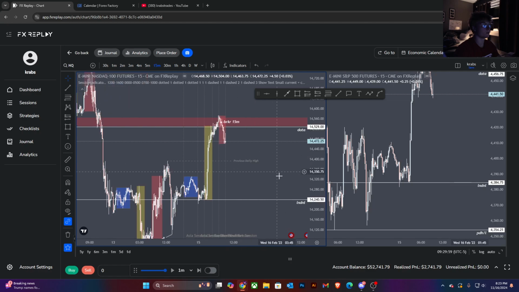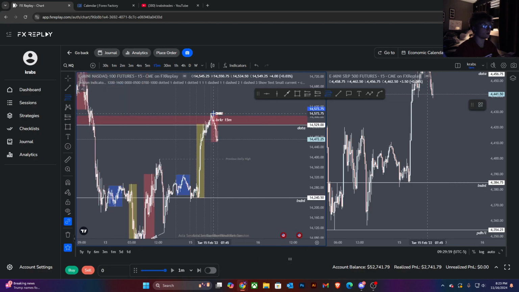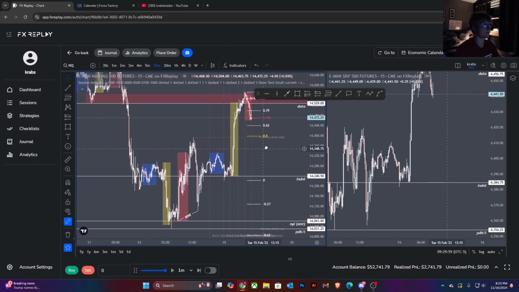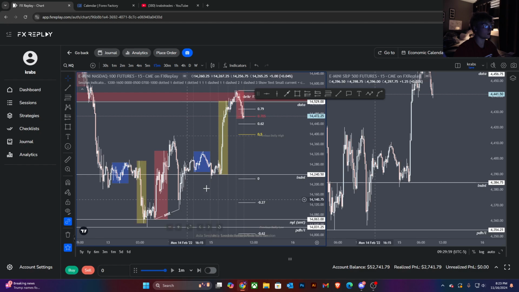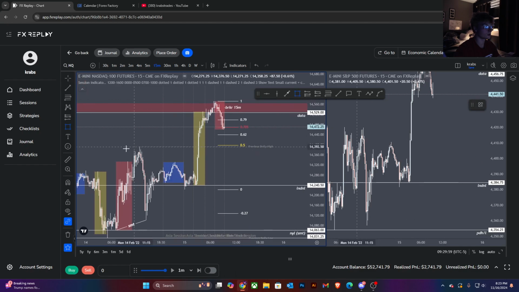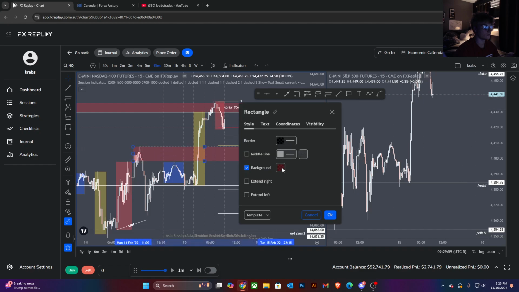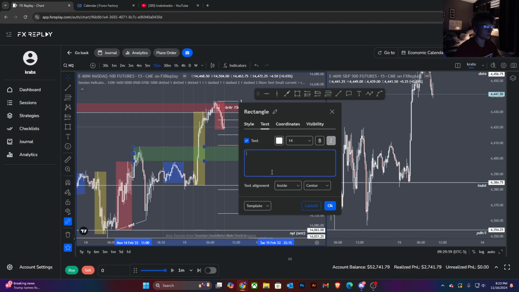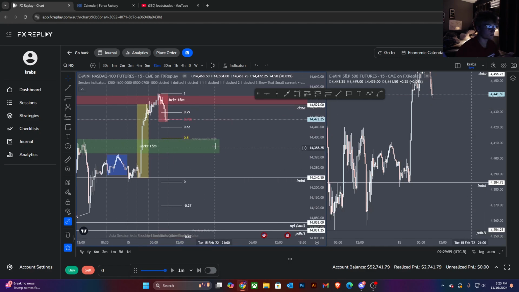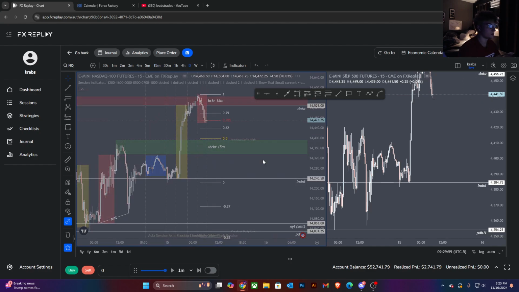Pretty high in premium. I think we are due for retracement lower, at least to equilibrium. Low, high, lower low. It's kind of breaker area here. Top on the daily.